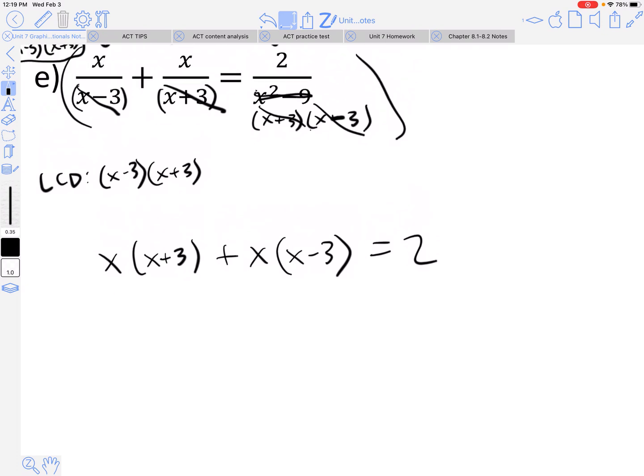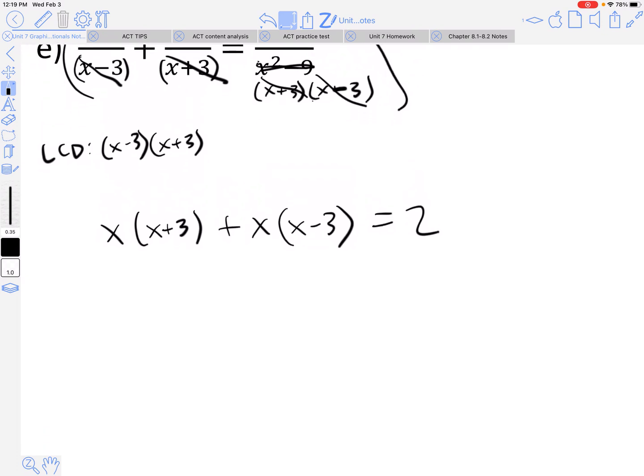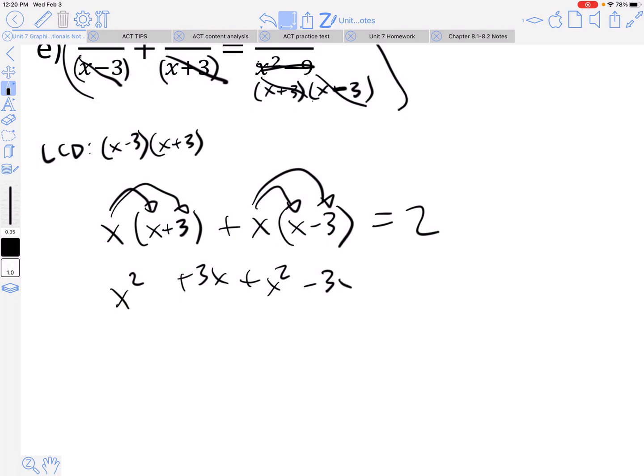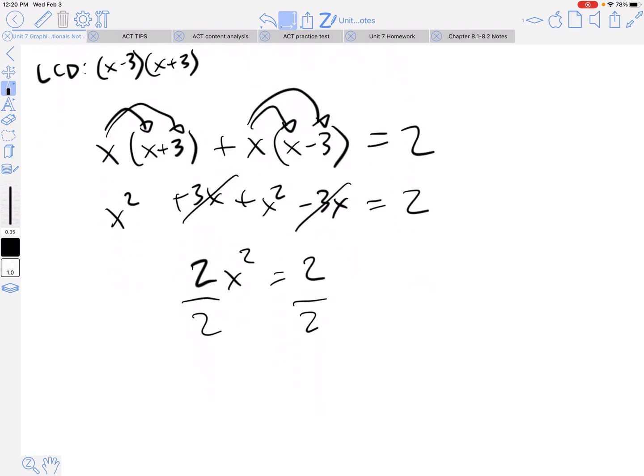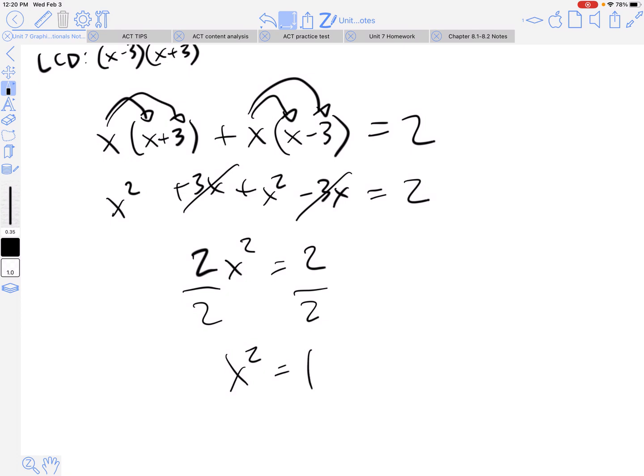And I am going to now distribute. So I get x squared plus 3x plus x squared minus 3x equals 2. I'm going to combine like terms. Those go to 0, leaving me a 2x squared. Divide by 2. I get x squared equals 1. Take the square root of both sides.